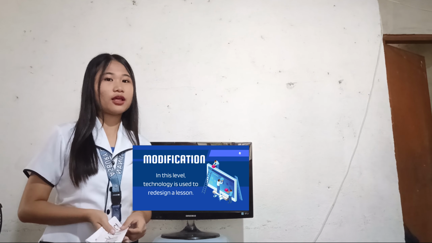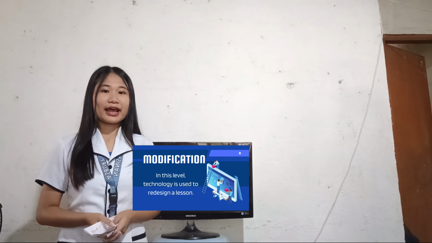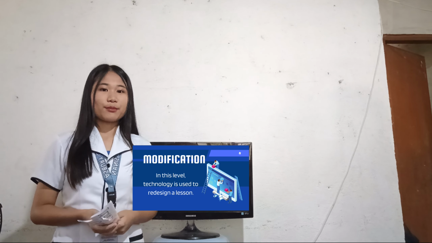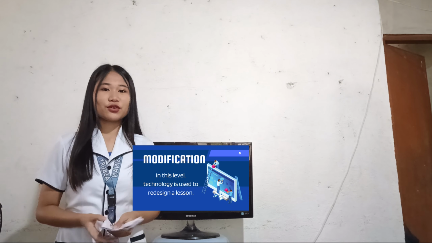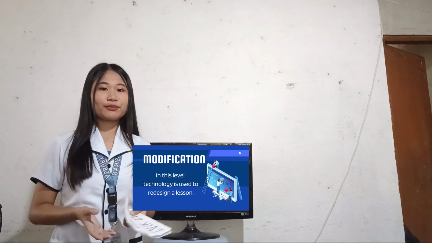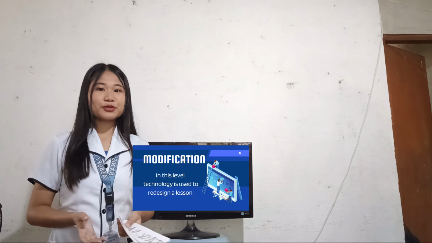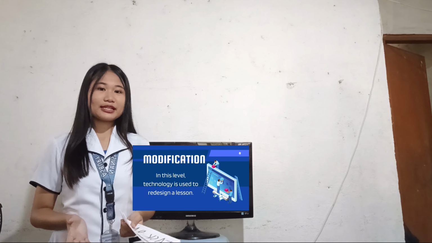For example, when teaching geography, we can use a Google application like Panorama. With Panorama, students can upload their own pictures of places they have visited online. They can also add a brief description of these places, right?